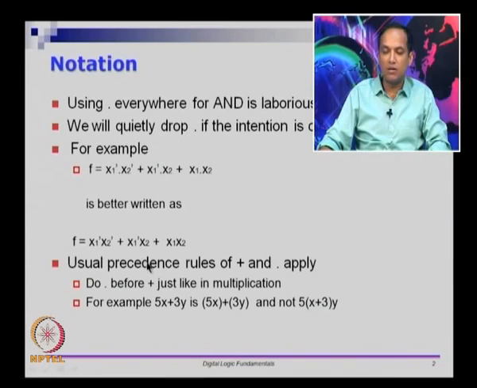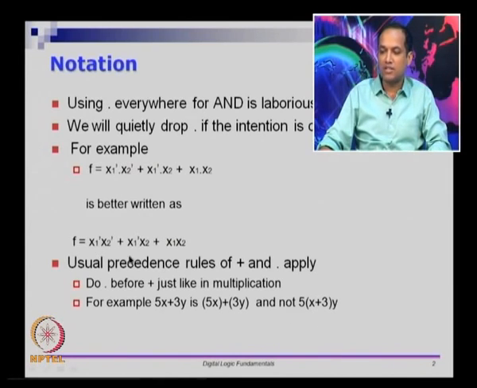So you will have to remember about usual precedence rules. Whenever you have a plus and an expression which has an implied dot or a dot, you have to be careful about the precedences. So in basic algebra, if you have 5x plus 3y, you would interpret that as 5x added with 3y, right, and not 5 times x plus 3 times y and so on. So the same rule applies here.